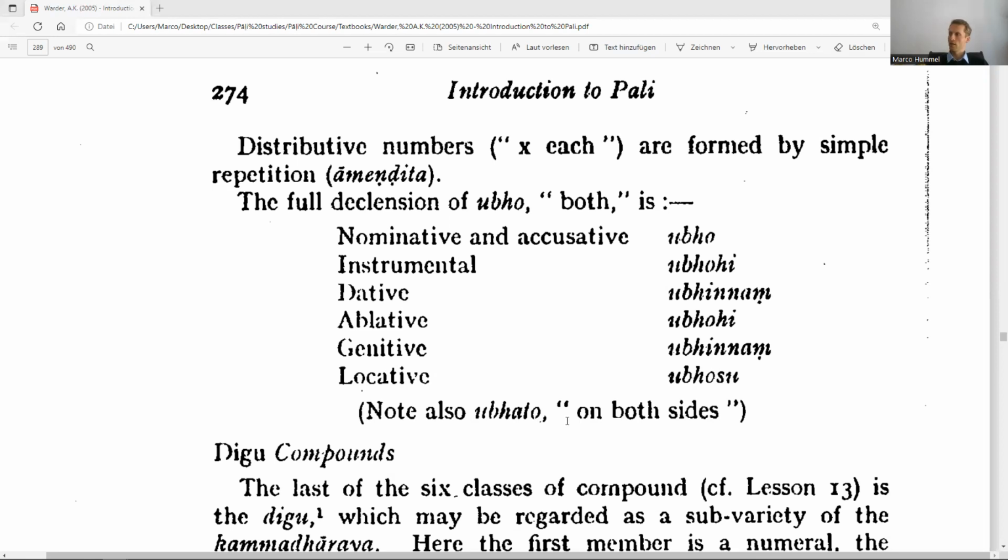And ubbato, on both sides, as an adverb, as an ablatival adverb with this, what in Sanskrit is a tasil suffix, so with a tas suffix, which then changes to visarga, tah. But since we don't have this visarga, it changes to to in Pali.